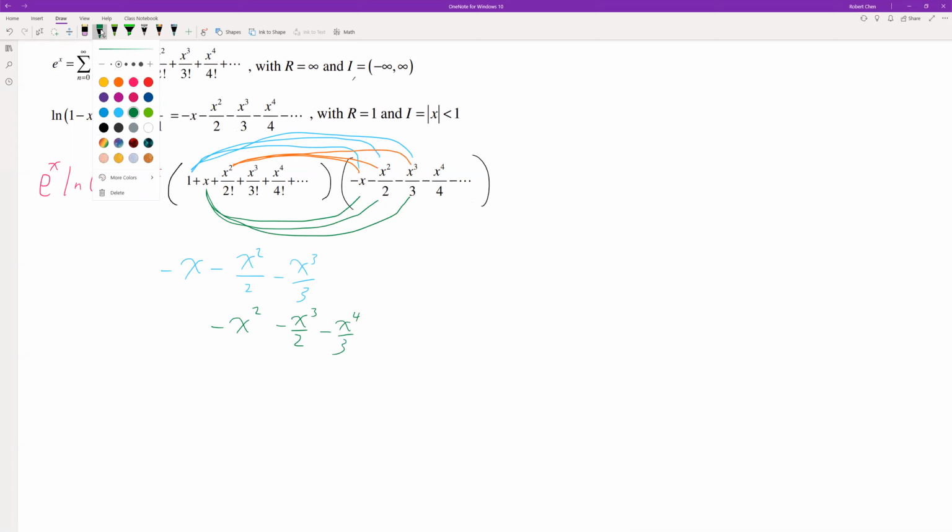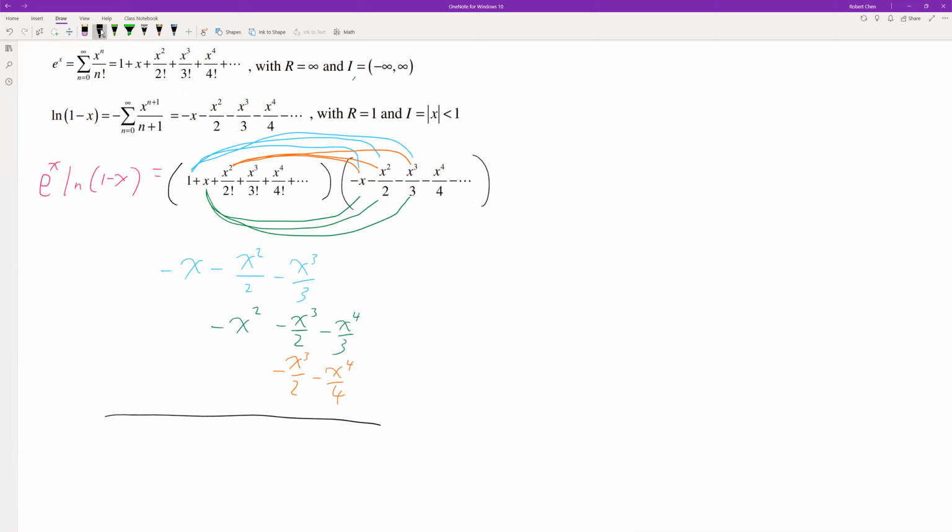And the last one, x squared over 2 factorial times negative x, will be negative x cubed over 2. And then let's do one more. That'll be minus x to the 4th over 4. But since we are only worrying about the first 3 terms, we can conclude here.